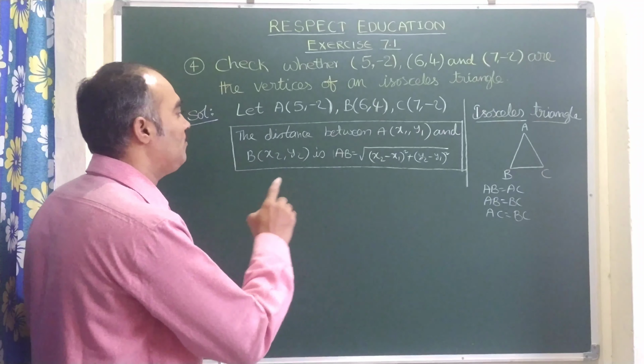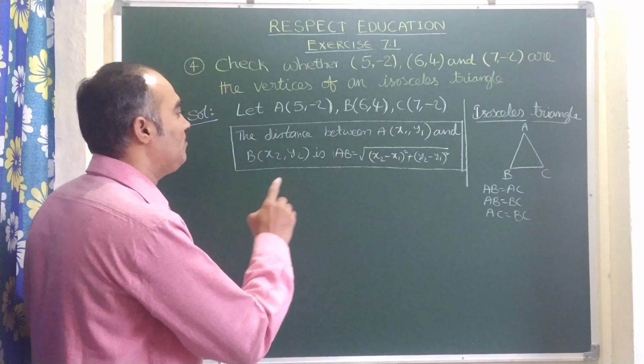Already we have written the formula, so let us substitute the values directly. x2 minus x1: x2 is 6, so 6 minus 5 whole square, plus y2 is 4 minus y1, which is already minus 2. Minus into minus becomes plus, so it is 4 plus 2 whole square.